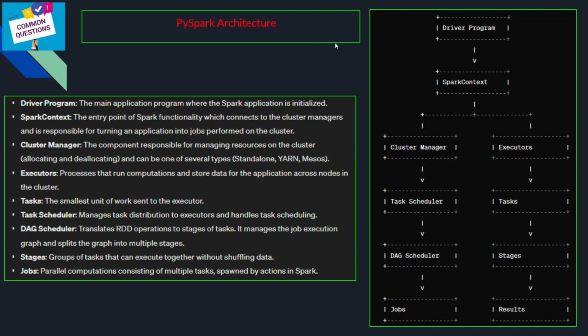Now the next topic is repartition versus coalesce. This has been asked to me various times, and I was asked the scenario as well: in which scenario did you use repartition and in which scenario did you use coalesce.